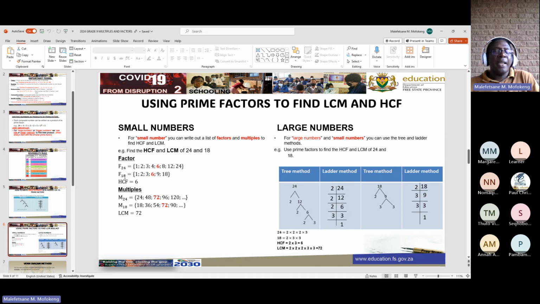And the factors of 18 are 1, 2, 3, 6, 9, and 18. We can see from the factors of these two numbers that the highest common factor of the two numbers is 6.